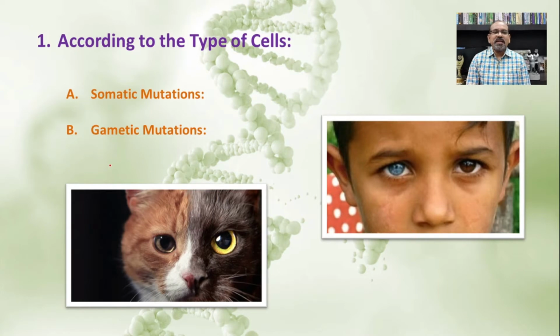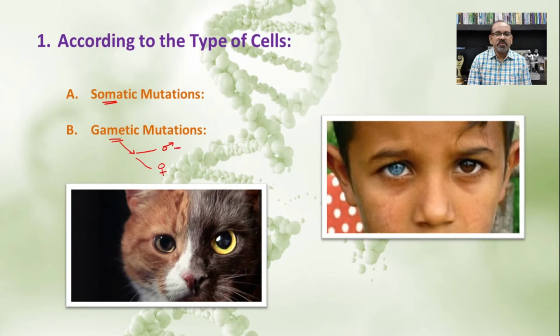First, according to the type of cell which is involved in the mutation. In every organism there are two different types of cells, somatic cells and gametic cells. Gametic cells are those cells which are responsible for the formation of the male gamete and the female gamete.